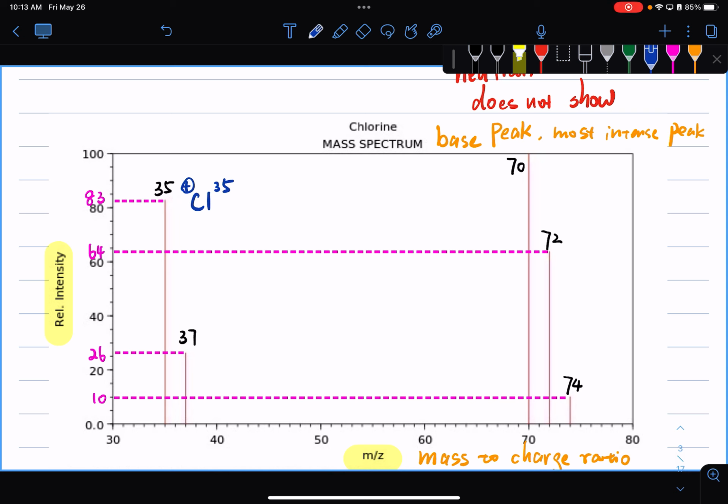And at that 37 m/z, we're getting chlorine 37. All right. So you can imagine at 70, at our base peak, we have an overall charged molecule of chlorine 37 with chlorine 35, sorry.